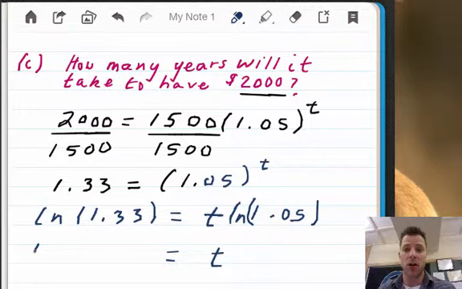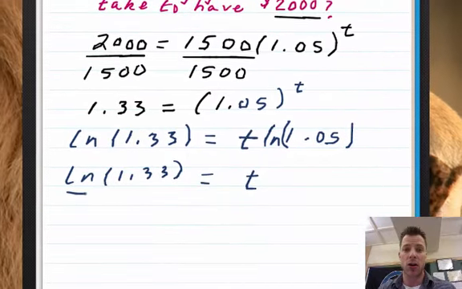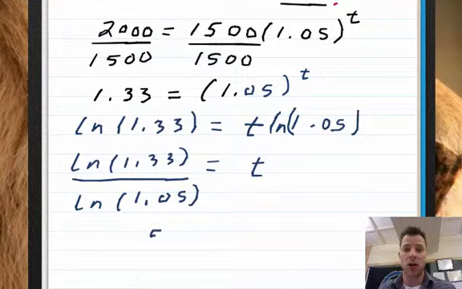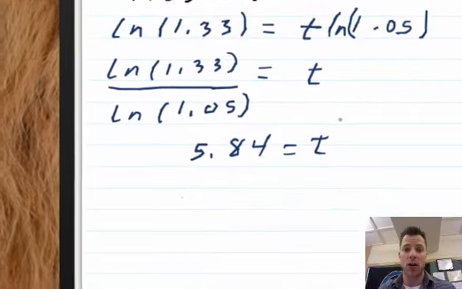The t can go out front. And so I know that when I solve for t now, I divide each side by natural log of 1.05. So I have the natural log of 1.33 over the natural log of 1.05. And you end up with 5.84 years.